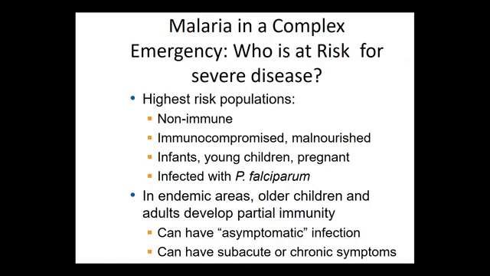In endemic areas, older children and adults develop partial immunity, which means they can have asymptomatic infection, or can have subacute or chronic symptoms. So they may not have the malarial attack itself, but have hepatosplenomegaly and anemia.